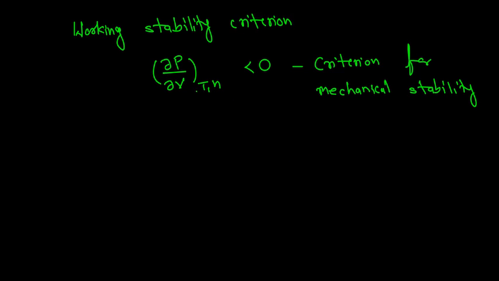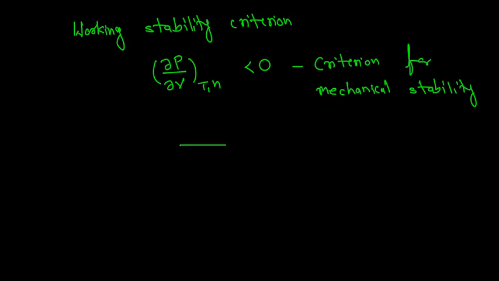And if we try to understand what exactly this criterion means, this simply means that at a given temperature, and if you fix the number of moles of the system, that means you're not adding any mass, you're not taking any mass away from the system, if you try to increase the pressure of the system, the volume will decrease, or if you try to increase the volume of the system, the pressure must decrease.